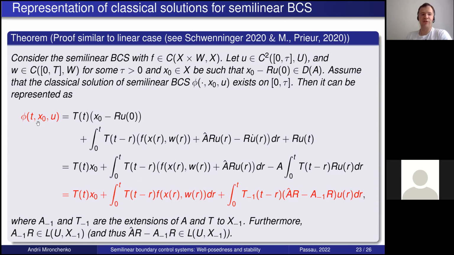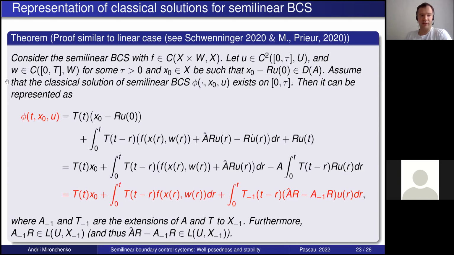Okay, because each classical solution must satisfy this relationship. Thank you. In this way, it must satisfy it if f is continuous, the inputs u and also this guy w are C2, and we have some initial condition which satisfies this property. So under some reasonable conditions, the classical solution always satisfies this integral equation.